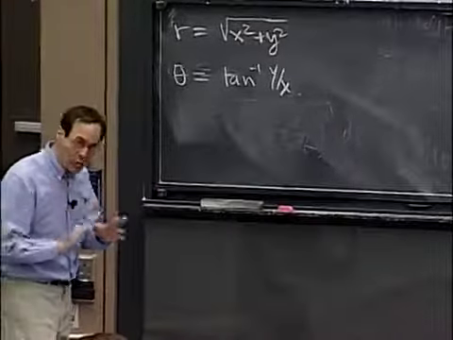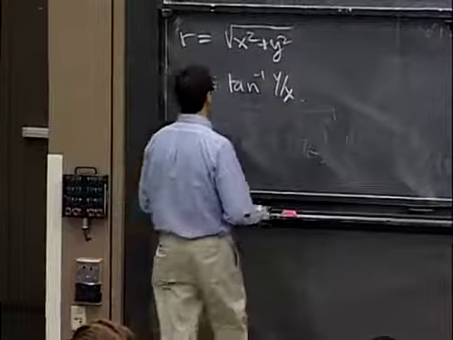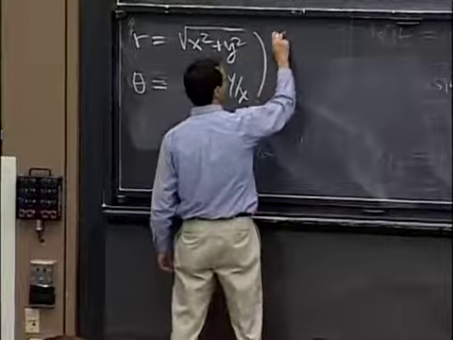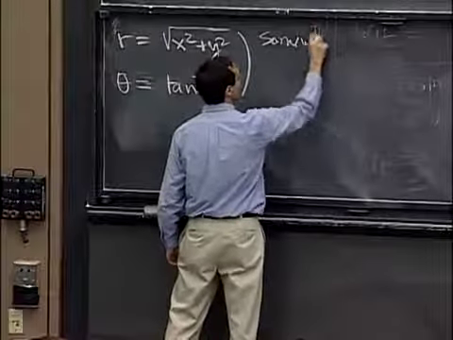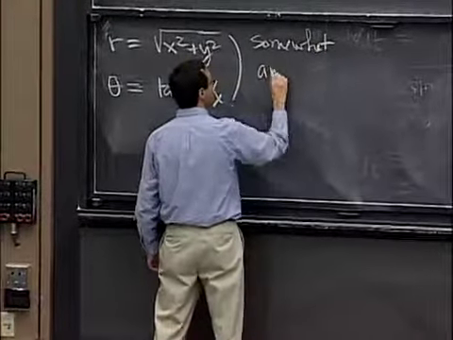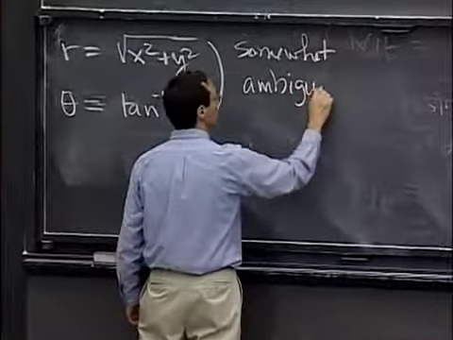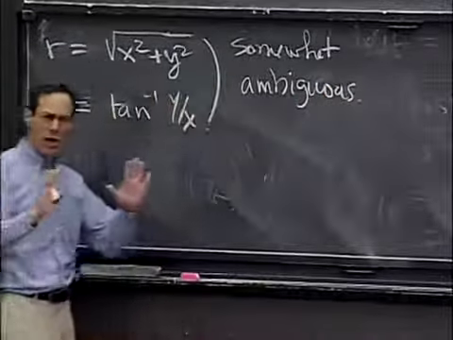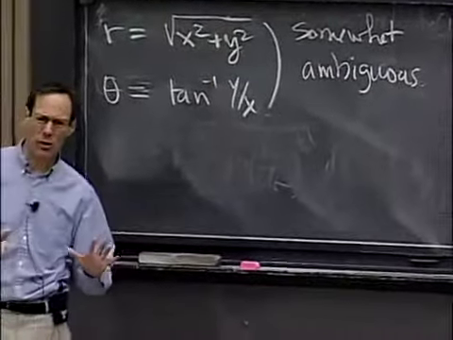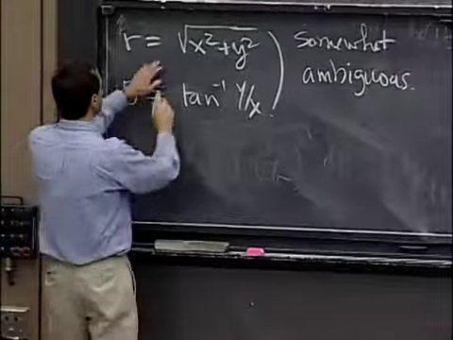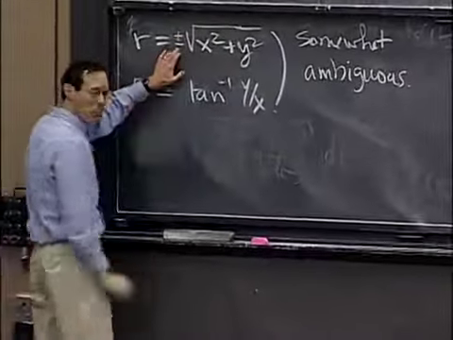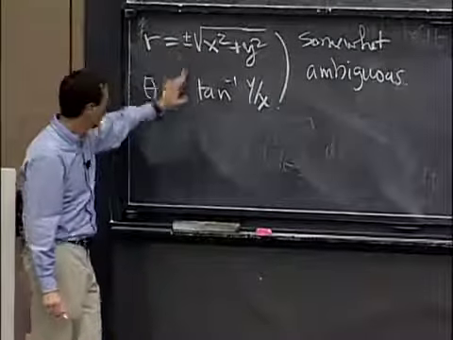However, let me just warn you that these formulas are somewhat ambiguous. In other words, you can't just apply them blindly. You actually have to look at a picture in order to get them right. In particular, r could be plus or minus here.